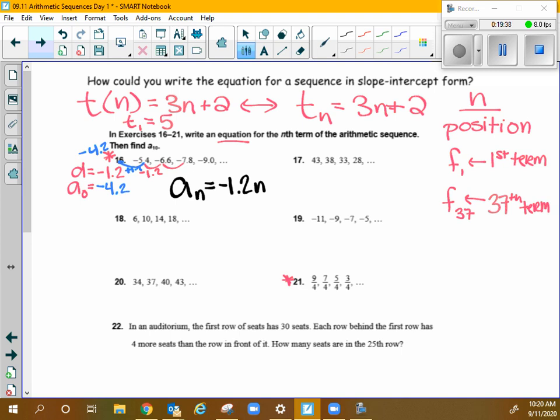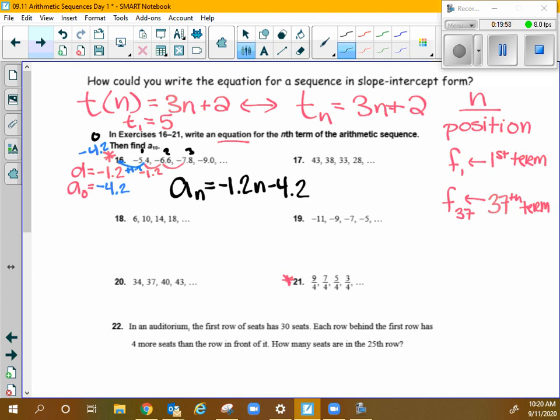How did I get 4.2? Yes, you have to go find the line. If I put these back in the table, I'm going back to the 0 term. This is the first term, second, third, that's 0. Okay.